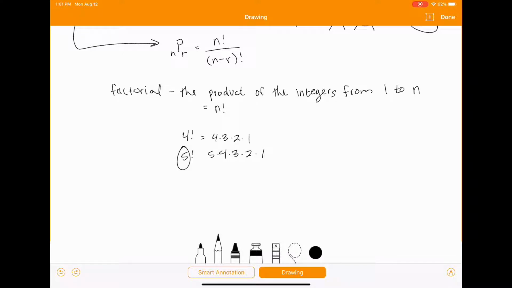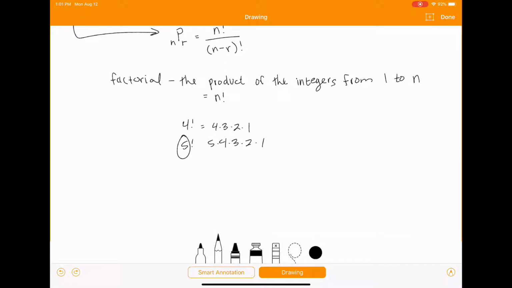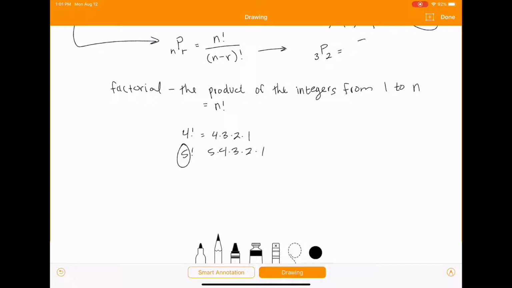That's your factorial. So if we had, for example, the situation where we had P 3, 2, that's going to be 3 factorial all over 3 minus 2 factorial. So that's going to be 3 times 2 times 1 all over 3 minus 2, which is 1, and 1 factorial is just 1.